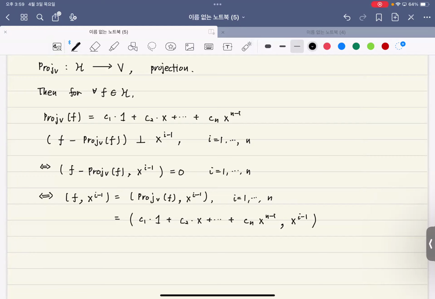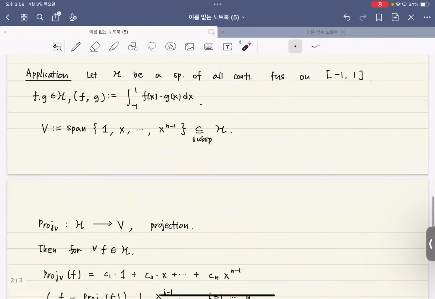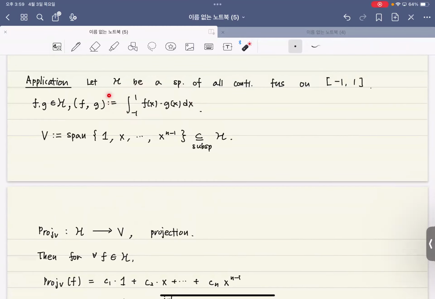When the numbers k differ, taking an inner product of two different basis vectors is going to be 0 automatically. But in this case, a basis vector taken inner product with another basis vector is not going to be 0, because this is our inner product.